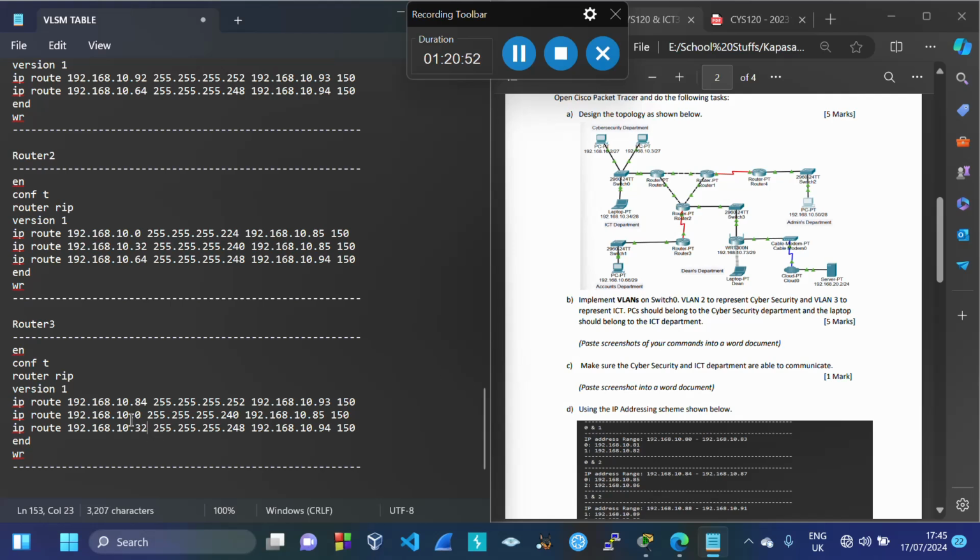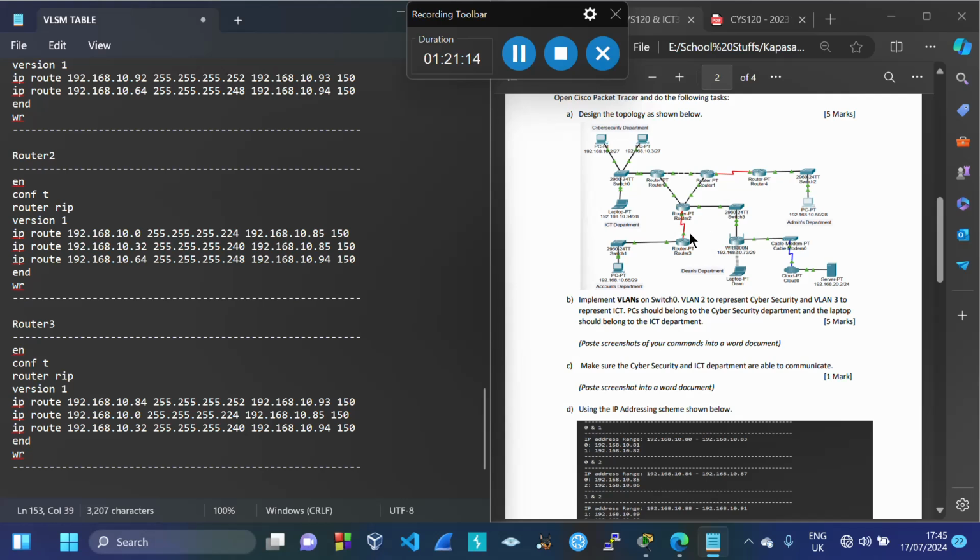Then the mask, which is /27 for cyber security, is 224. So I'll change this to 224. Then again, the mask, which is /28 for ICT, is just 240. I'll change this to 240.